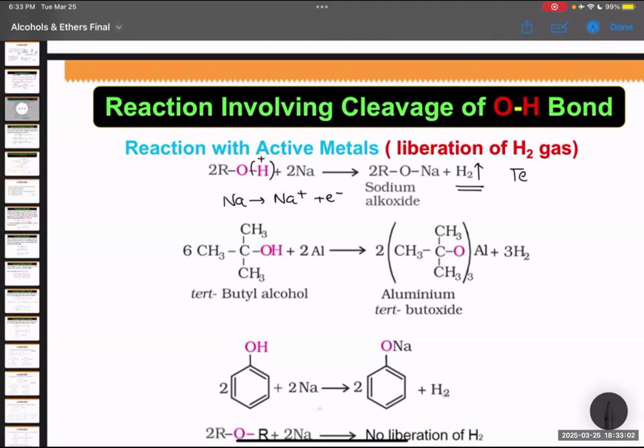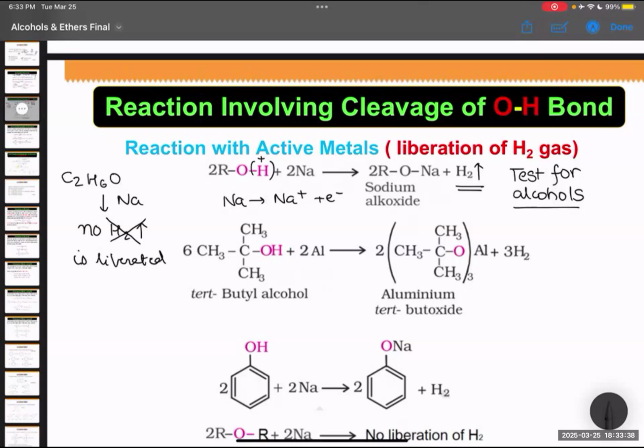This is also a laboratory test for alcohols. Ethers will not give this test. For example, if you are given C2H6O and you react it with Na and you don't see any hydrogen coming out, no H2 is liberated, it means this is an ether because it doesn't have any acidic hydrogen.